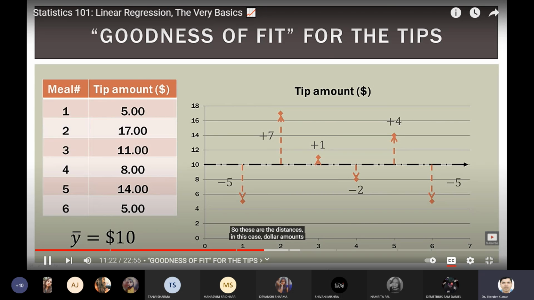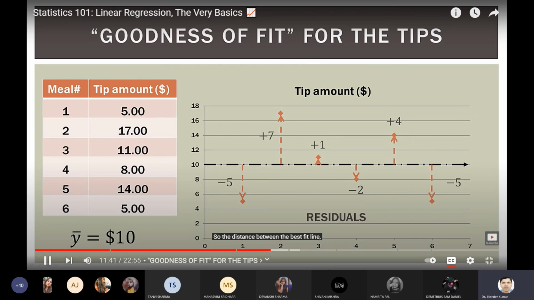So these are the distances, in this case dollar amounts, by which each observed value is different from or deviates from the mean of $10. Now we have a name for these. They're called residuals.